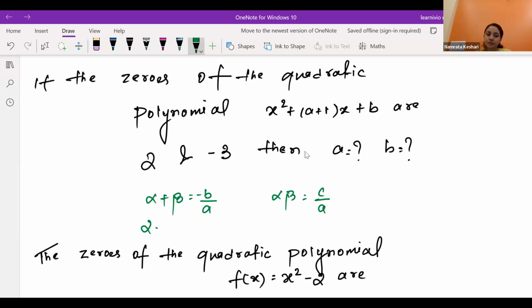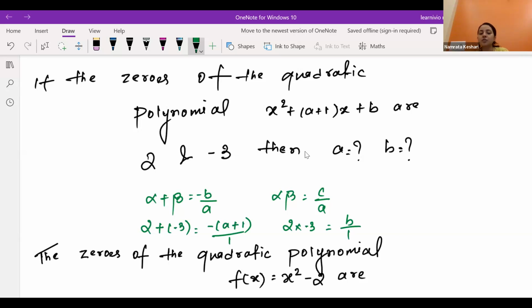And similarly, when I did alpha into beta, which is equal to c by a, I got b as negative 6. Okay.